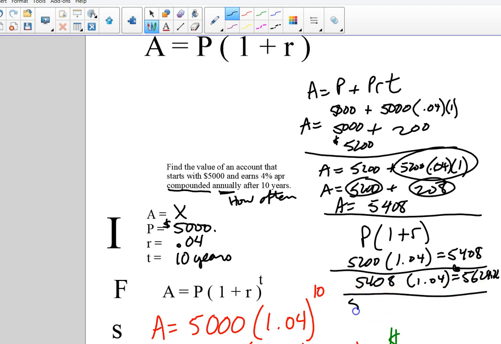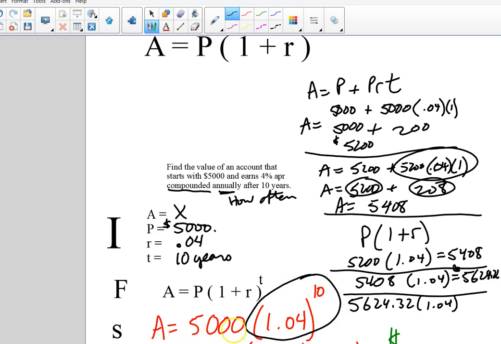In year 4, my principal will be 5624.32, and if I multiply that by 1.04, again I'm compounding it 4% at the end of year 4, and year 5, and year 6, and you'll see that I would do it how many times? Well, I'd do it 10 times.